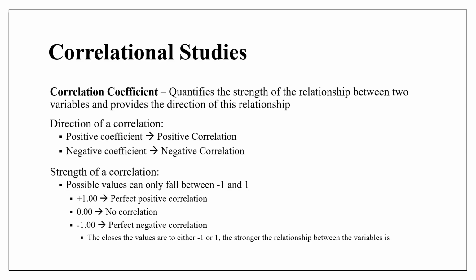A -0.3 and a +0.3 are going to be exactly the same strength, except that the type of correlation is different. A -0.3 versus a +0.1: the -0.3 is going to be bigger, because -0.3 is closer to -1 than 0.1 is to +1.